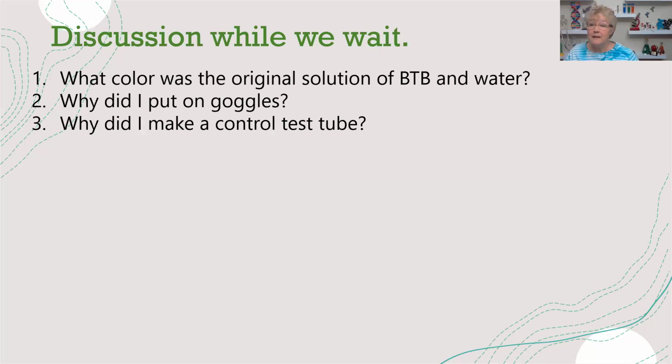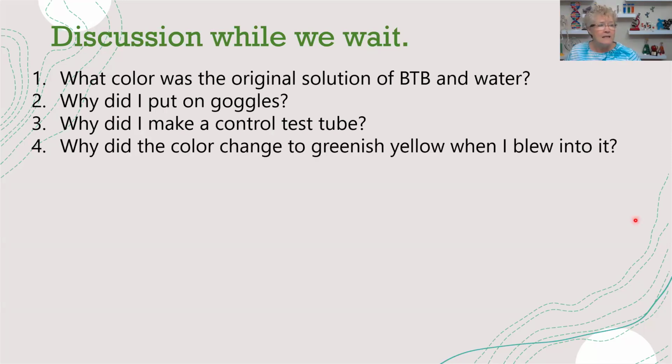Yeah, we want to have something to compare it to. Because if tomorrow my experimental tube and my control are identical to one another, if they both turn a different color or neither one of them does, then I can't say for sure that the plant is what made the difference. There would be some other variable at work right there. I have to have something to compare it to.